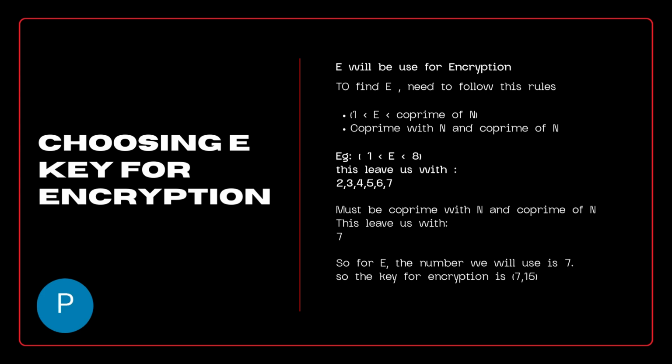So 1 is smaller than E and E must be smaller than 8. Now this leaves us with 2, 3, 4, 5, 6, and 7. Now we also need to follow the second rule, which is it must be coprime with n and with the coprime count of n. The number that is left for us is 7. So for E, the number we will use is 7. So the key for encryption is 7 and 15.